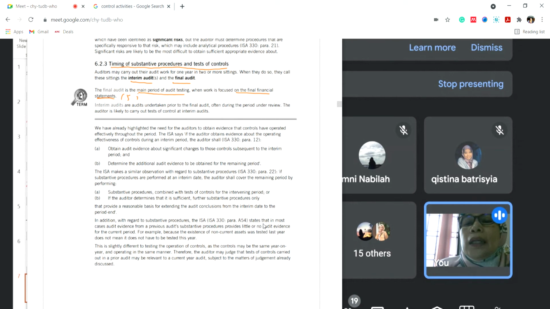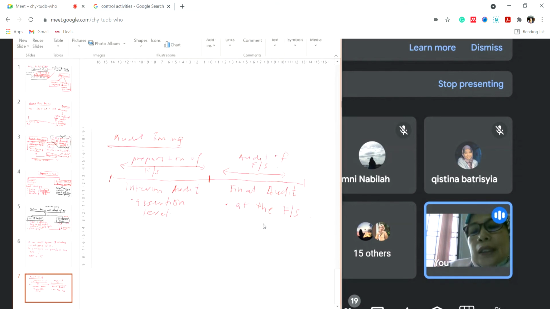Interim audits are audits undertaken prior to the final audit, often during the period under review. The auditor is likely to carry out tests of control in the interim audit. So here, the auditor normally performs the test of control. Then the auditor will perform the extent of the test that is called substantive test.